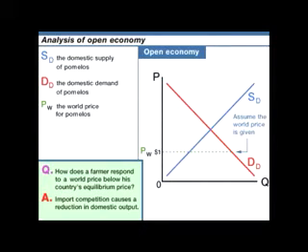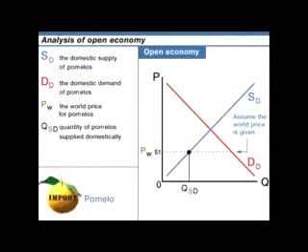That is, they can cover the opportunity cost of producing only a few pomelos before the opportunity cost rises to the point where it's no longer profitable for them to make the fruit. The quantity supplied domestically will be given by this intersection. This intersection tells us the quantity that the French farmers can afford to supply. So we'll use Q_SD to represent the domestic quantity supplied.